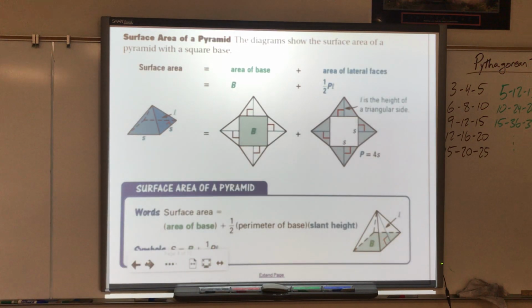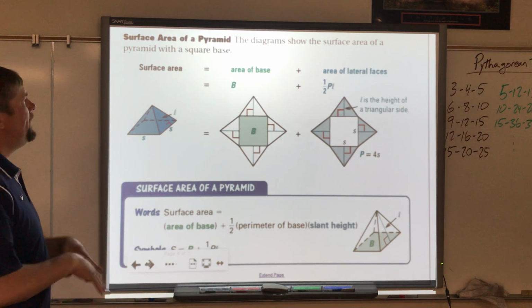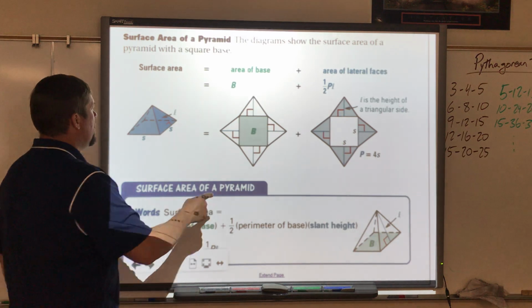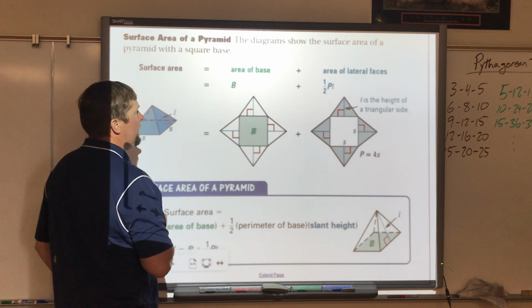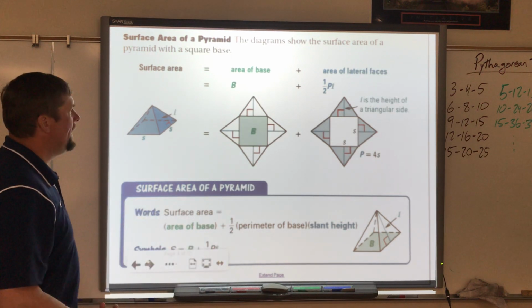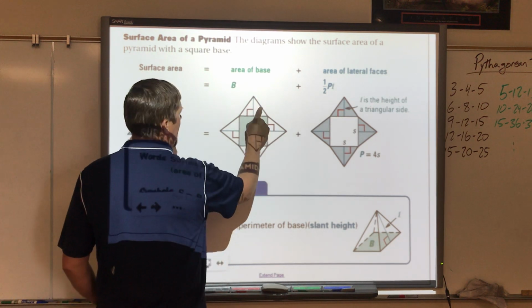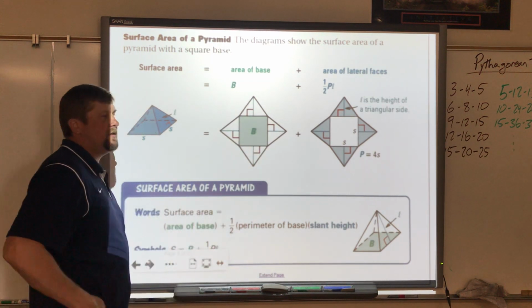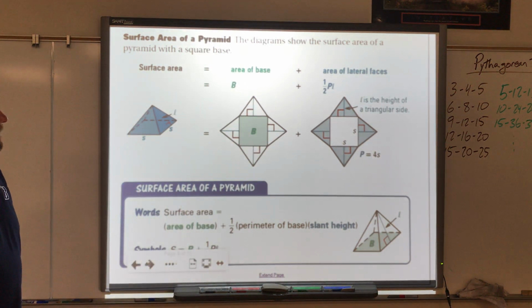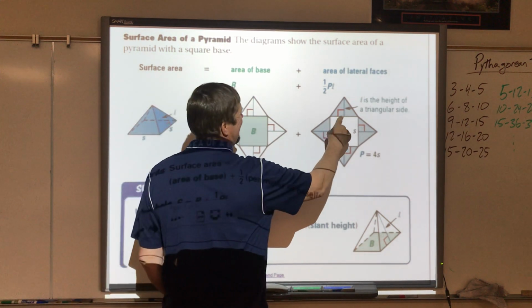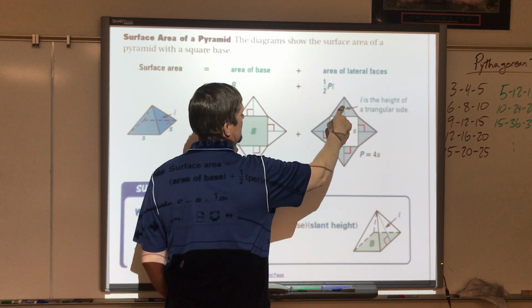All right, the surface area of a pyramid, if you were to open it up in the net, like we talked about before, you're going to have the base, the area of the base, which is a rectangle or a square or a triangle. Then you're going to have all of the surfaces or faces that are all the same triangle. Now, the height is the slant height.